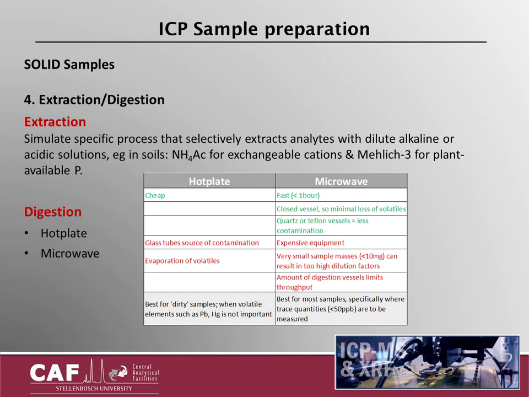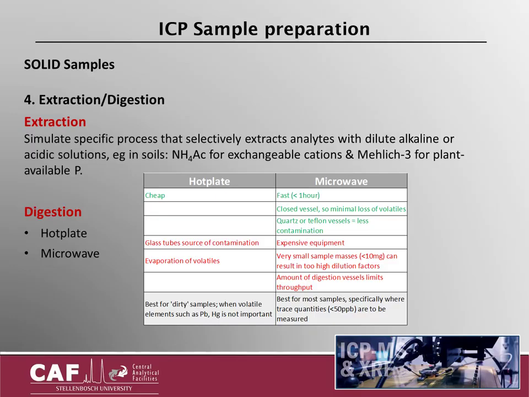The amount of digestion vessels that you have access to limits the throughput, so you can have a carousel that has only 12 digestion vessels, or carousels that have 30 or 40, which could make the analysis slower or faster.